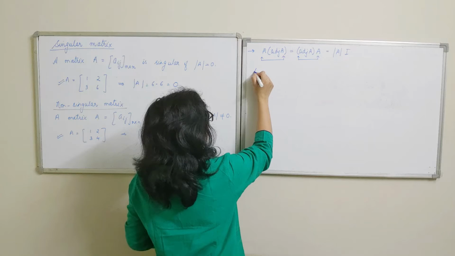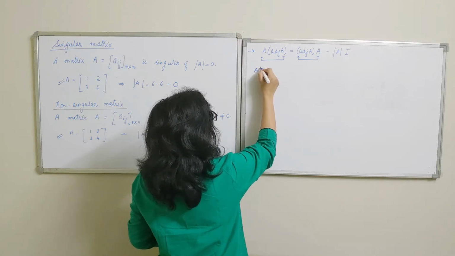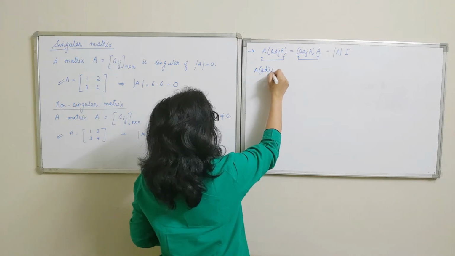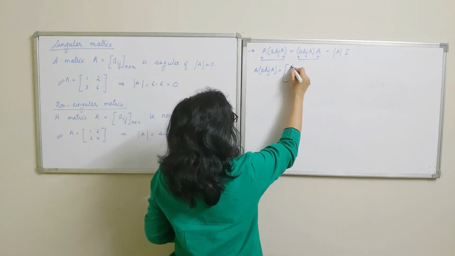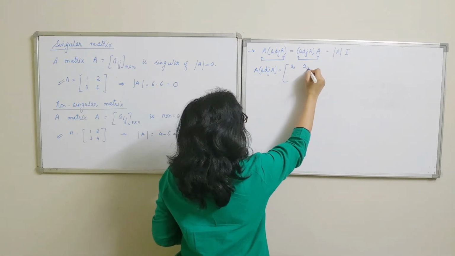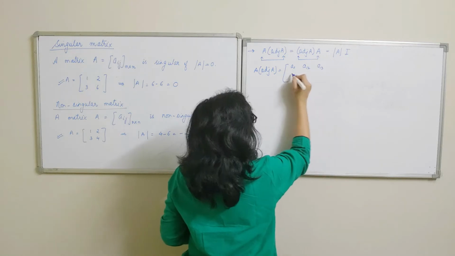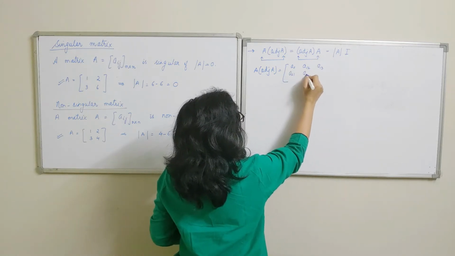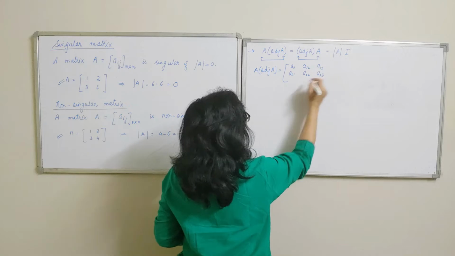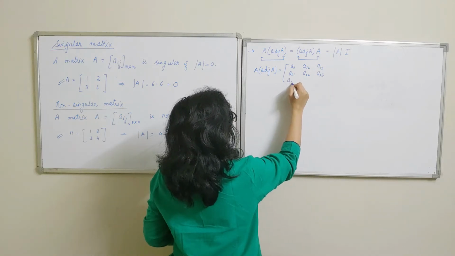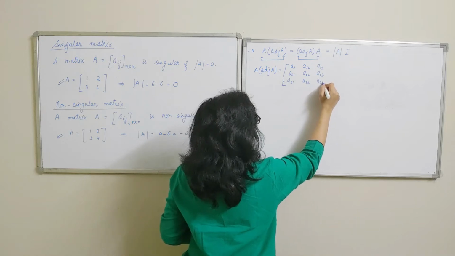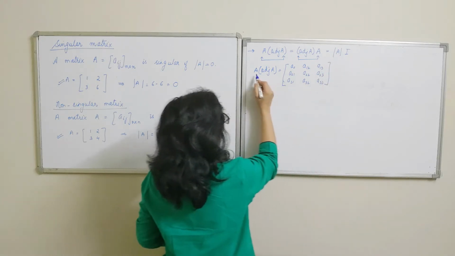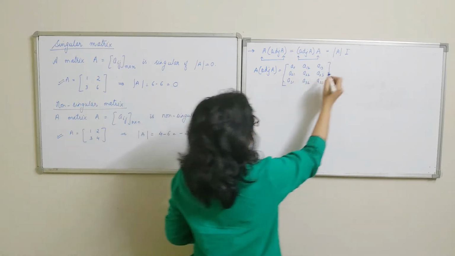So let us take here a 3 by 3 matrix. So I am writing here matrix A, which has elements A11, A12, A13, A21, A22, A23 and A31, A32, A33. So I have written here matrix A of order 3 multiplied by its adjoint.